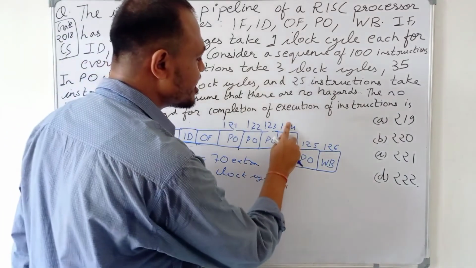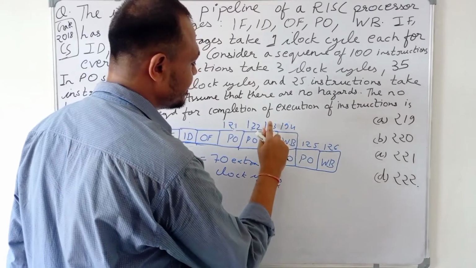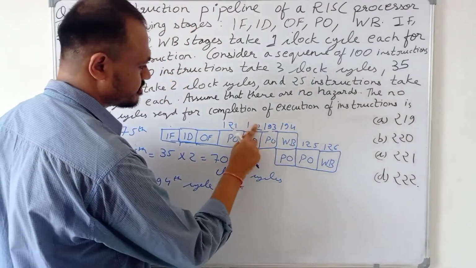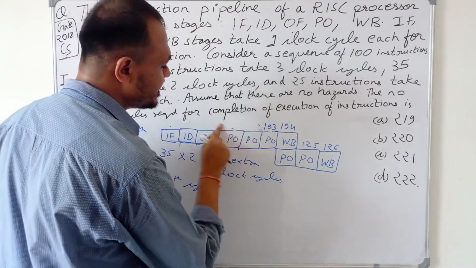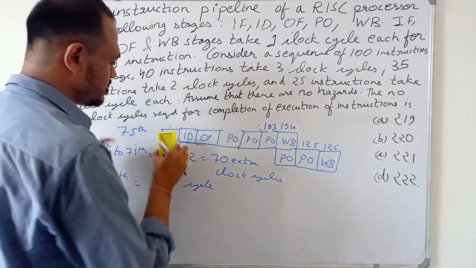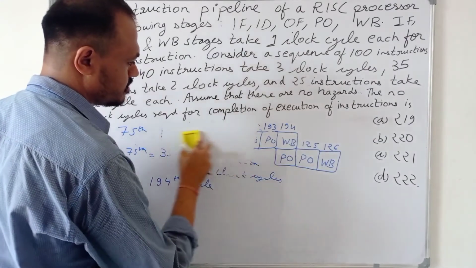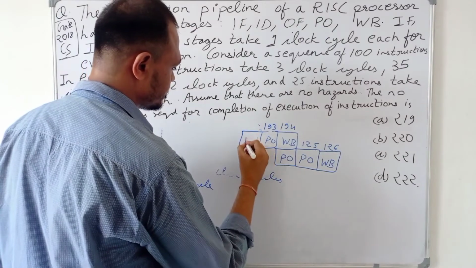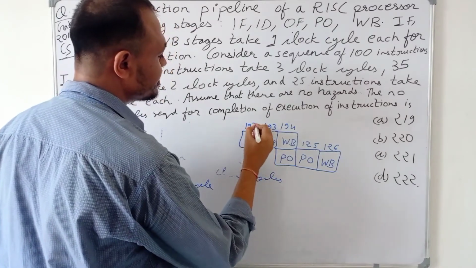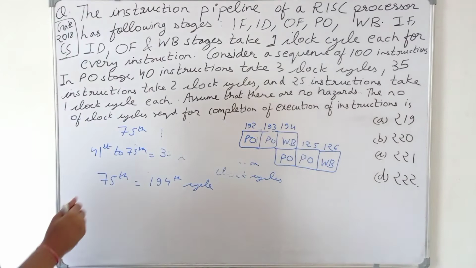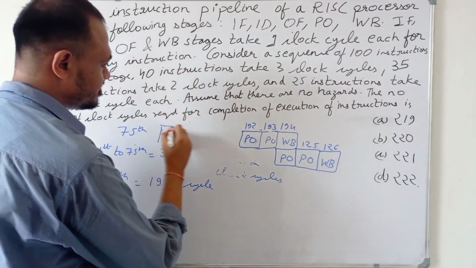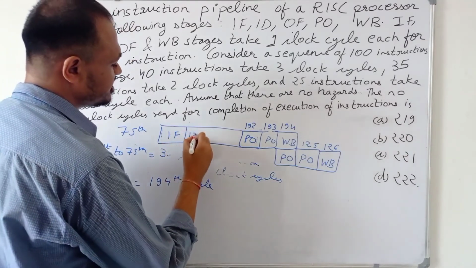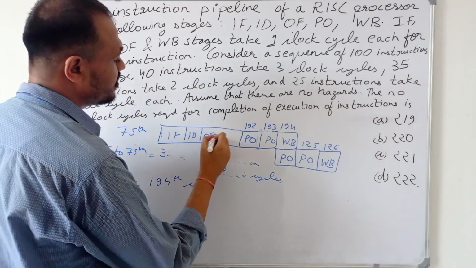The write back will be completed in the 194th clock cycle, then 193, then it is only taking 2 POs, so this PO will be completed in the 192nd clock cycle. This is for the 75th instruction, and obviously it will have instruction fetch, instruction decode and opcode fetch before it.